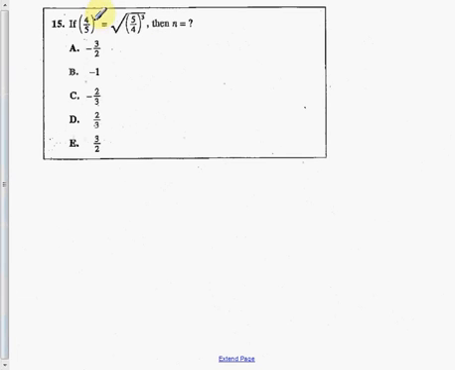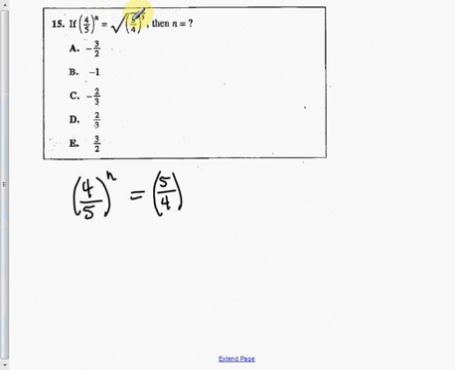If 4/5 to the n is equal to the square root of 5/4 to the third, what is n? Okay, no problem. This is 4/5 raised to the nth power. Now this is 5/4 raised to the third power, but the square root is the 1/2 power, right?